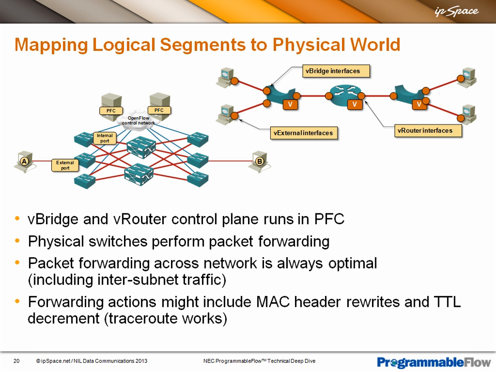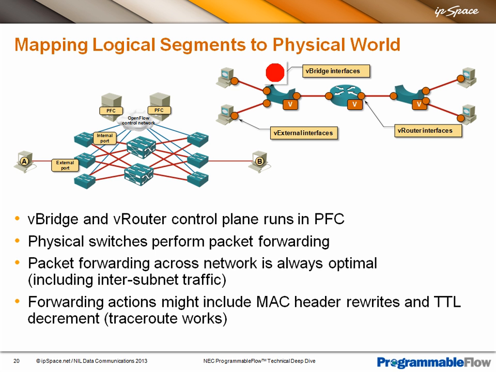And then there's time to map these logical segments to the physical world. Remember, the bridges and routers, they don't exist in the physical devices. So although it looks like this thing here maps perfectly into this thing here, there is actually no match between the two. It's not like the edge switches would be layer 2 switches and the core switches would be layer 3 switches.